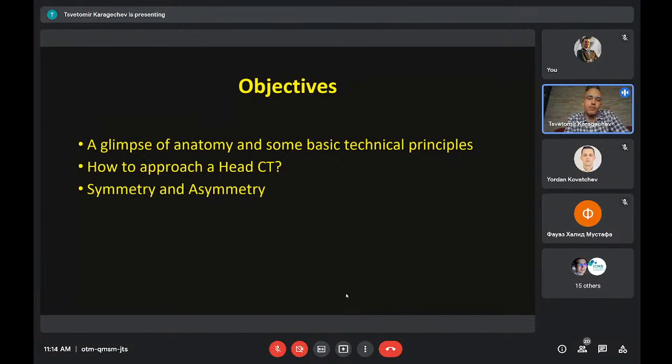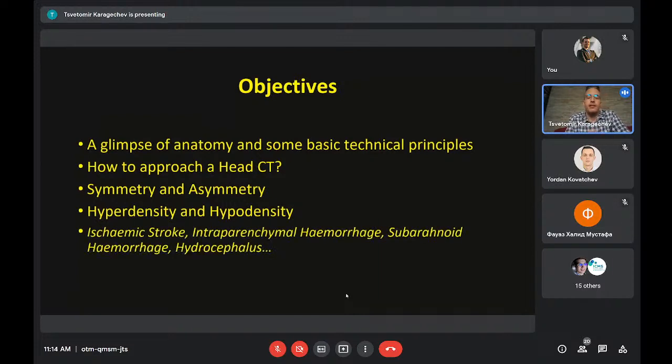We will talk about how to assess symmetry and asymmetry. We will review the terms hyperdensity and hypodensity.